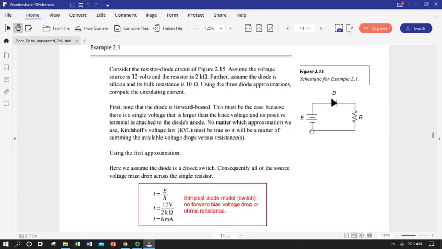So basically, if we were to apply Kirchhoff's voltage law, we could start at ground, maybe here on the negative terminal of the battery, and we're going to go up 12 volts as we go through the battery, and then we're going to step down 0.7 volts just to get over the hill of that PN junction. And after that, we just are going to drop the rest of the remaining portion of our 12 volts over the resistor.